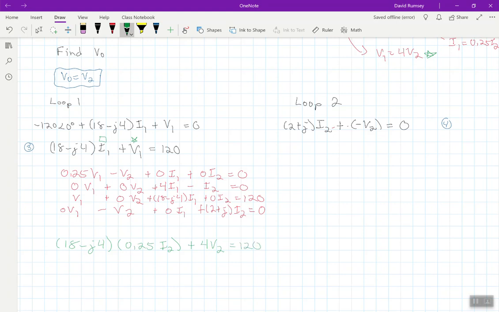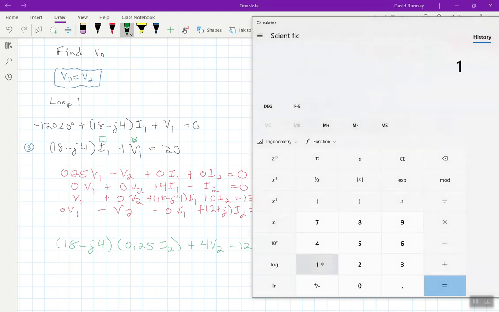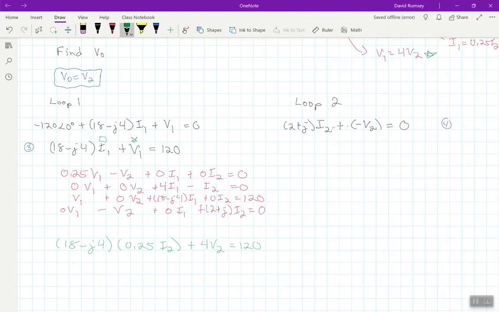Then if I multiply things out here, just to make sure I don't make a silly mistake multiplying, 4.5, yep. So I have 4.5 minus j I2 plus 4V2 is equal to 120.